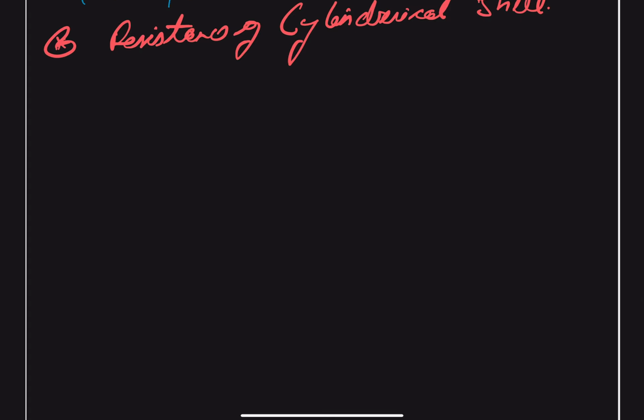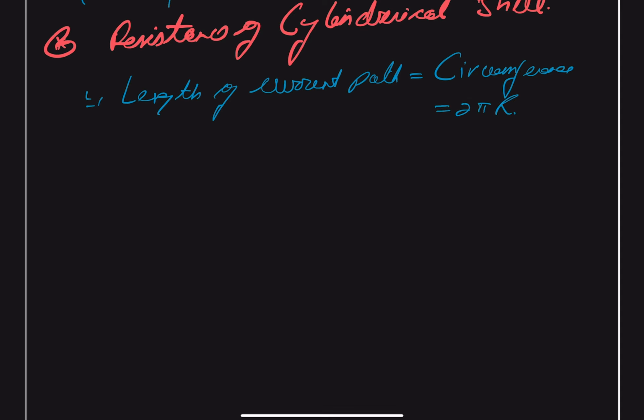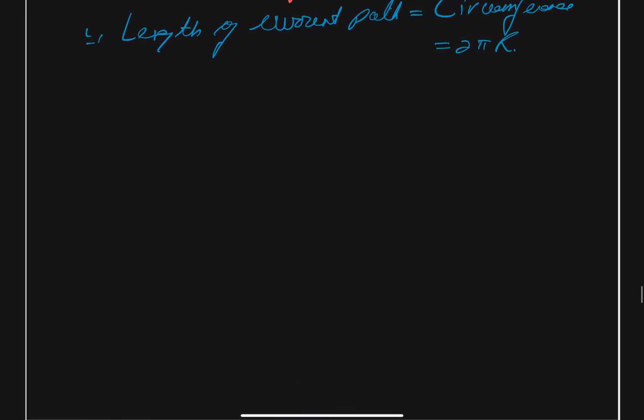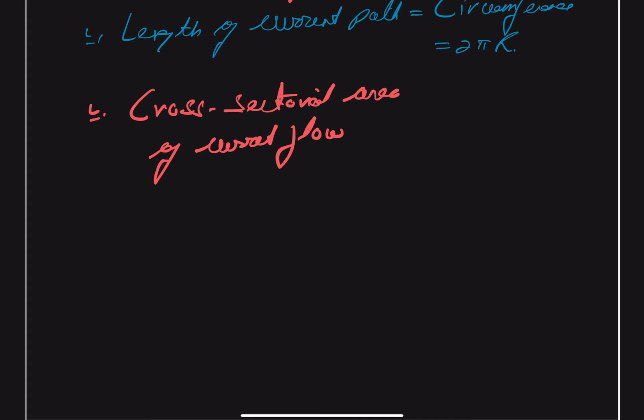So you can say from here the length of the current path is our circumference, which is 2 pi r, and the cross-sectional area of current flow will be equal to d multiplied by L, where d is the thickness and L is the length.